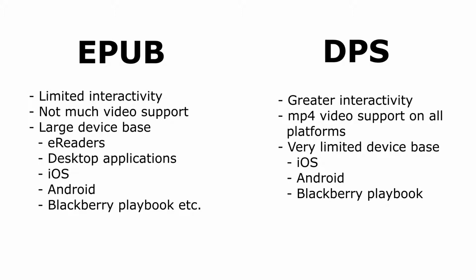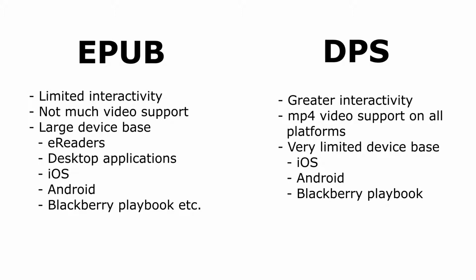Elements such as MP4 video, audio, pan and zoom on images, image sequences, and web views are all supported within the new DPS format. The reason EPUBs do not allow for as much interactivity is because they are made entirely out of HTML code, which should now be considered old, with the constant changes and advances made in the world of technology.